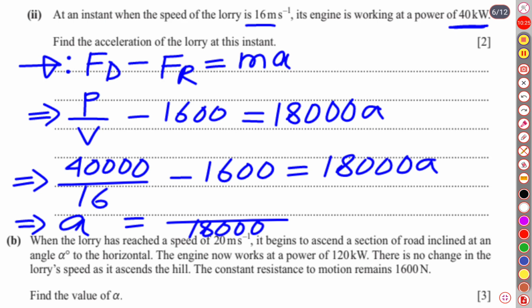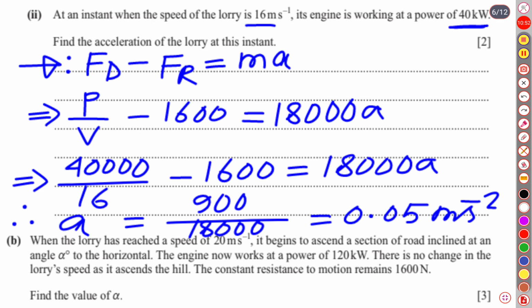So 2500 minus 1600, that is 900. If we divide 900 by 18,000, it is going to be 0.05 meter per second square. This is the exact value. So finally our acceleration is 0.05 meter per second square.